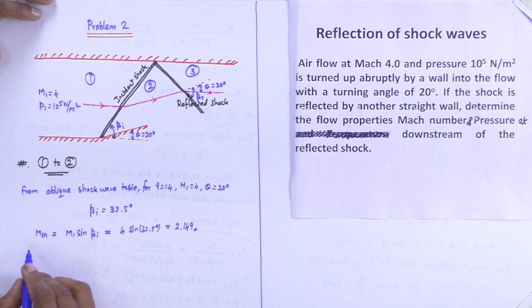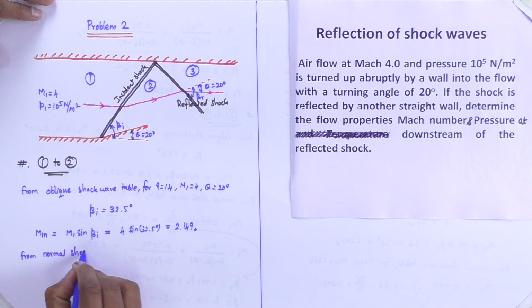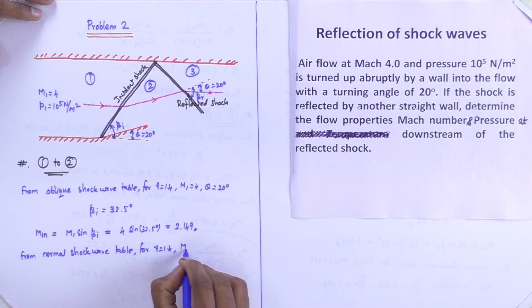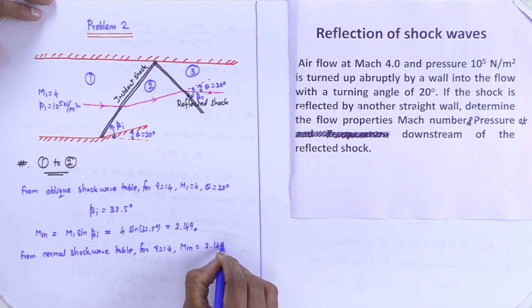Then we have to refer to the normal shock wave table for gamma is equal to 1.4, M1n is equal to 2.149.